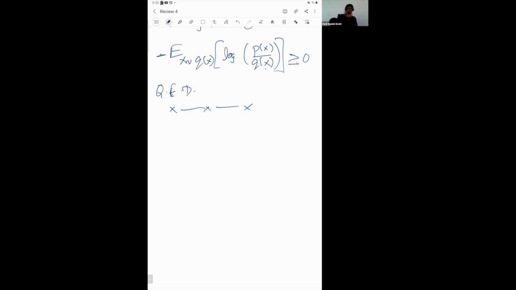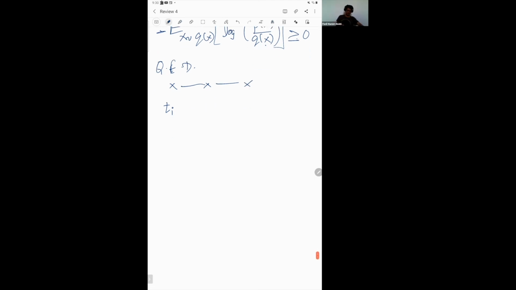So now let's do the generalized expectation maximization algorithm. We have the same notational conventions again. T is our latent variable, and X is the seen data, the observed variable.